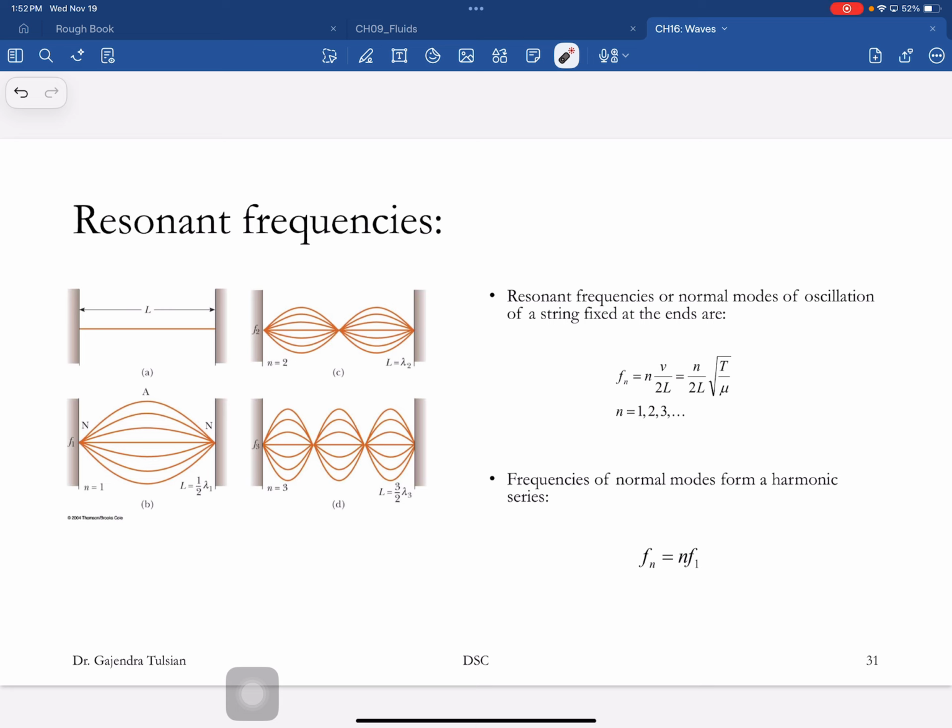Velocity is square root of tension divided by mu. So this is n equal to 1, n equal to 2, n equal to 3. L is the length of the string, and mu is the mass per unit length. So what I'm telling you is, for this length, this string can only vibrate with certain frequencies. This is 50 hertz, 100 hertz, 150, and so on.